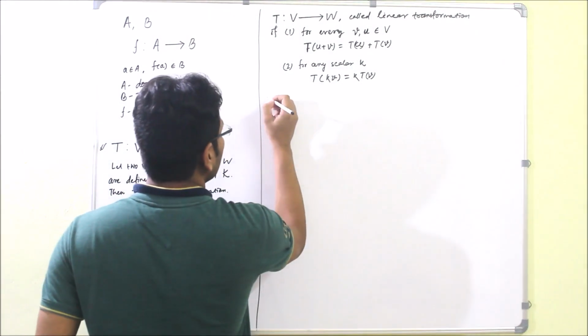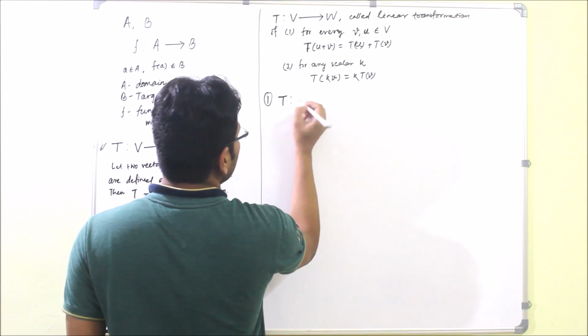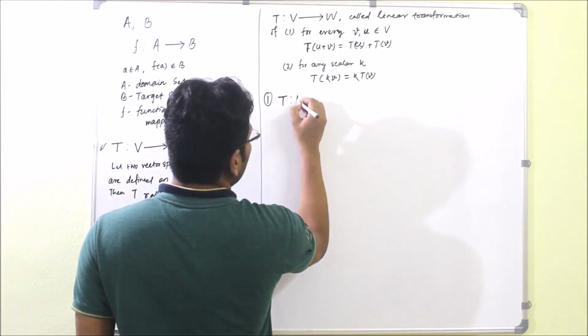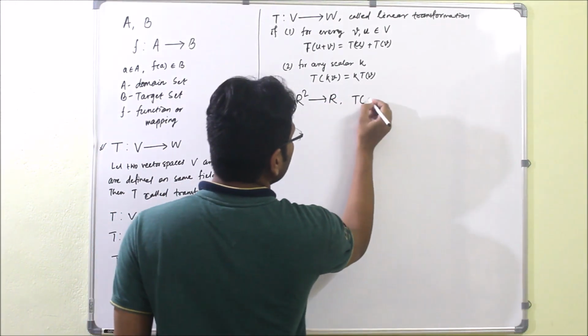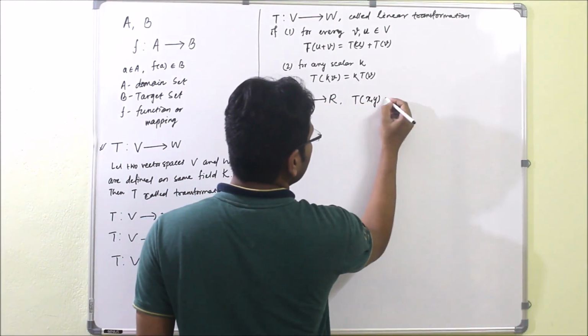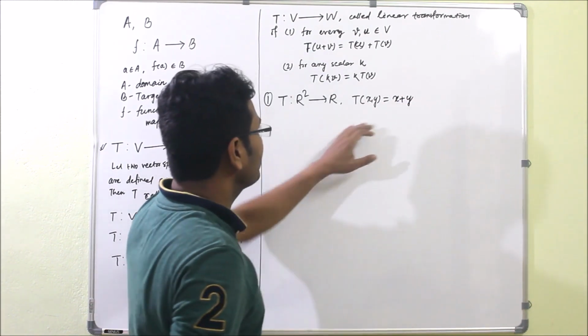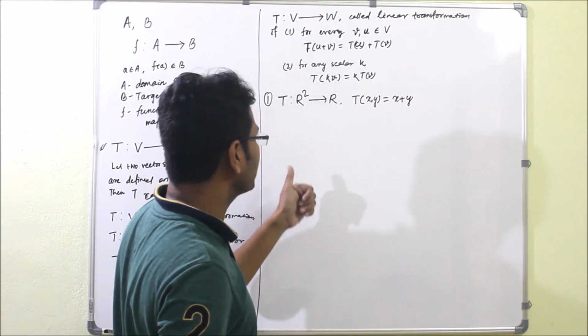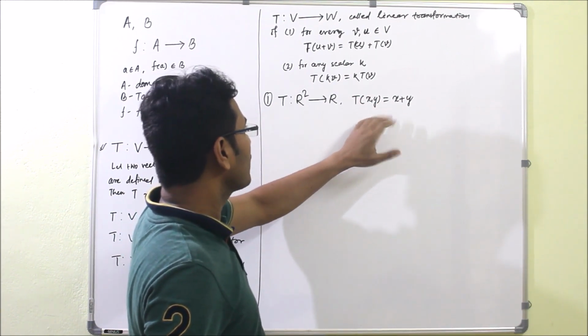The first problem is defined like this. T is a transformation from R2 to R such that T of (x, y) is defined as x plus y. We have to check whether T is a linear transformation or not.